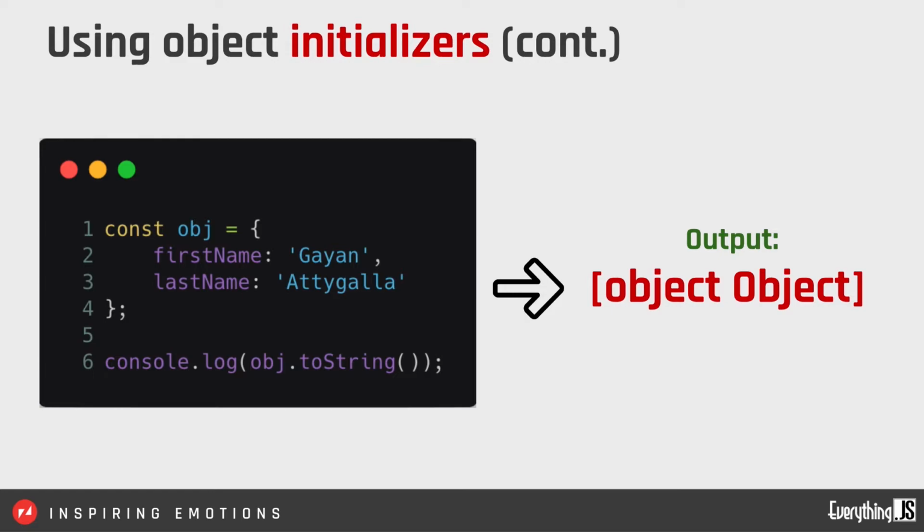So now you have a question: why does it print like [object Object]? Why can't it be just object? And again, the main question is, where did this toString come from? Because in this object we don't have a toString method, right?